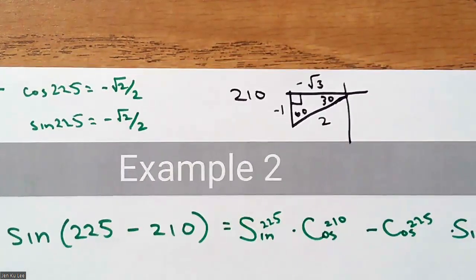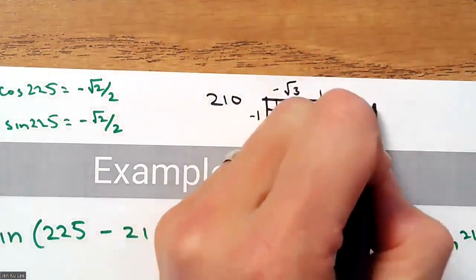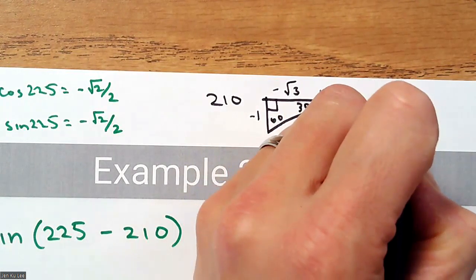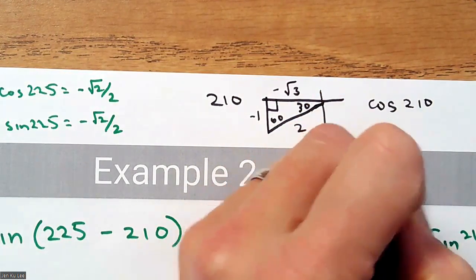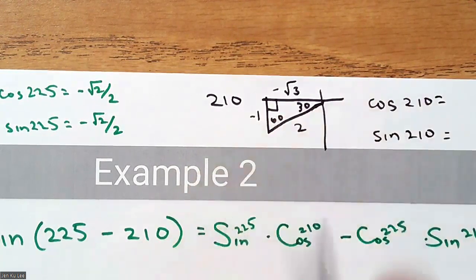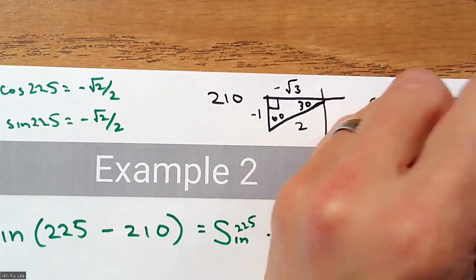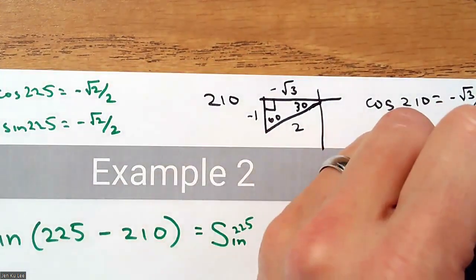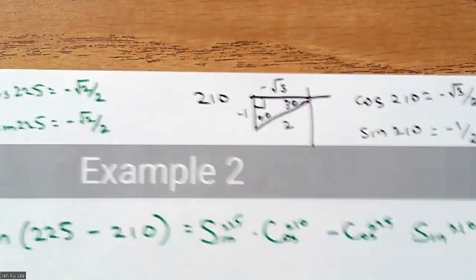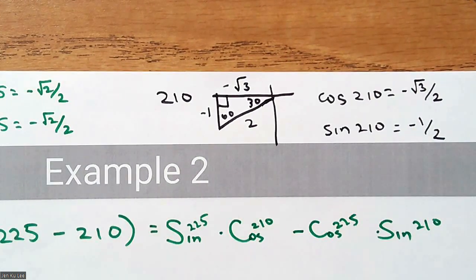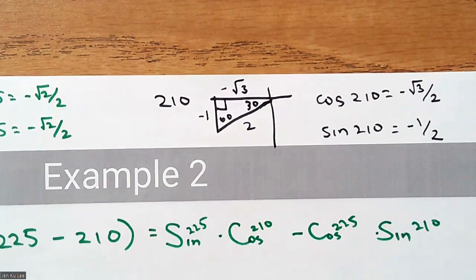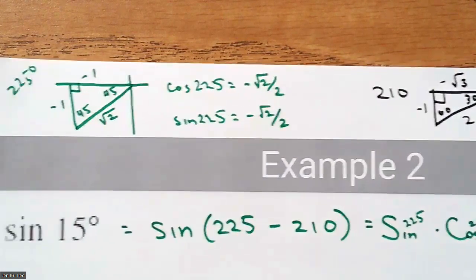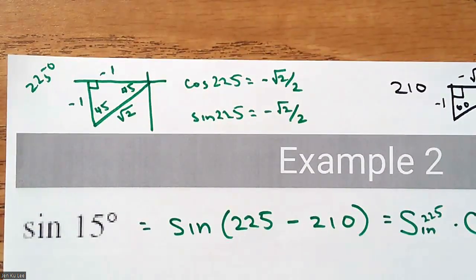So cosine of 210 is negative square root of 3 over 2, and sine of 210 is negative 1/2. And if you missed it, cosine and sine of 225 is that.